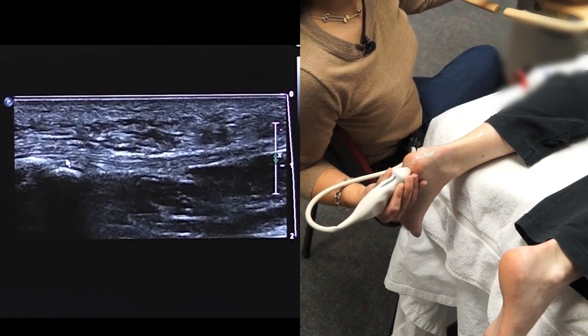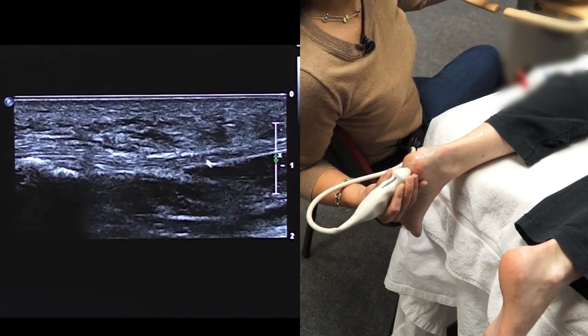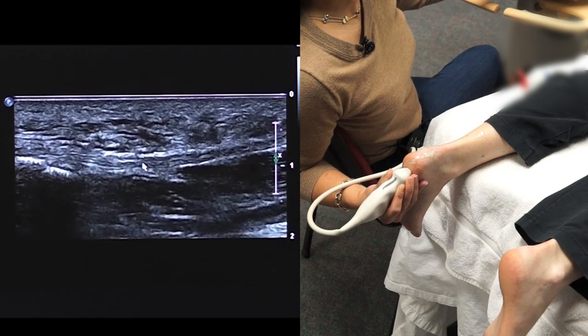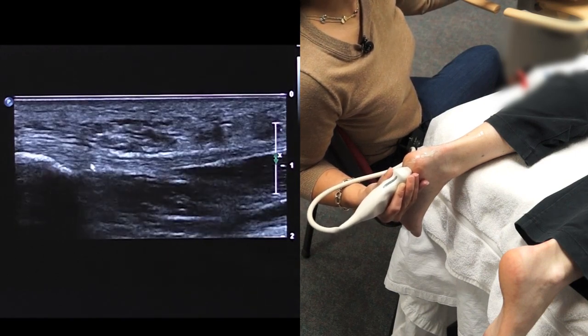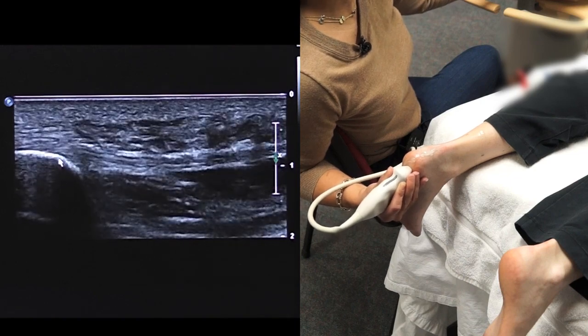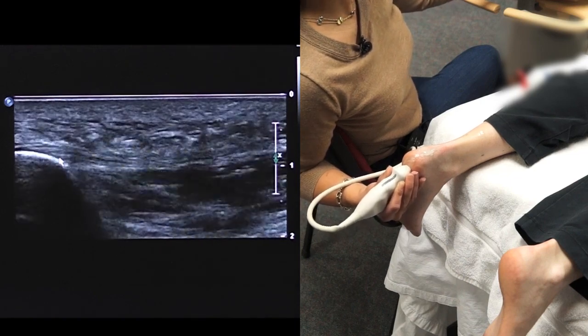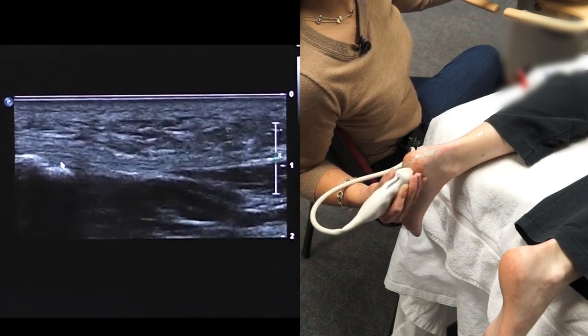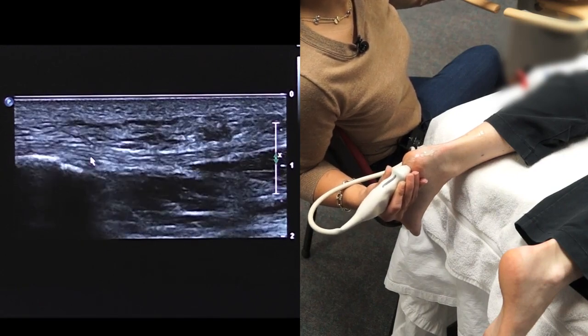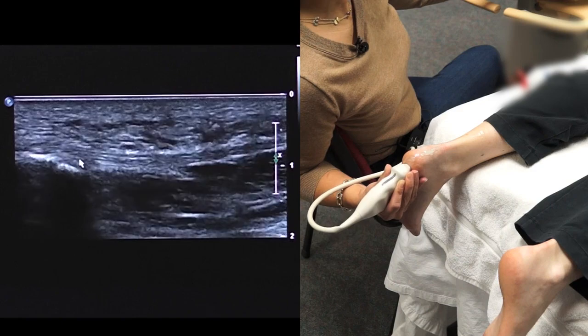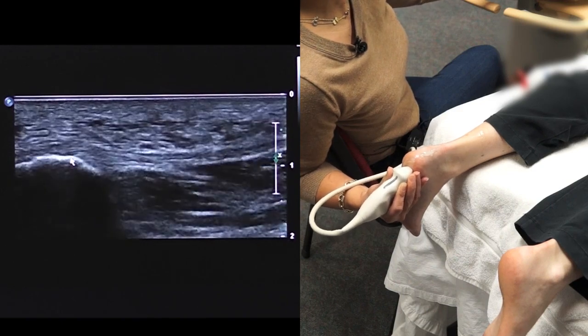And now you can see there is a linear structure that has a similar appearance to a tendon that is extending towards and inserting onto the base of the calcaneus right here. And this is the plantar fascia. So this is where we look for plantar fasciitis right at the insertion. You may see an enthesophyte or a bony projection arising from the calcaneus. We don't see one here.